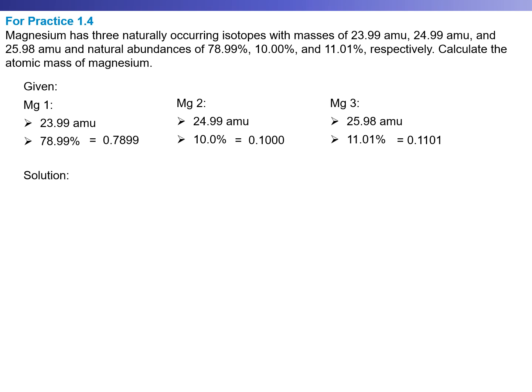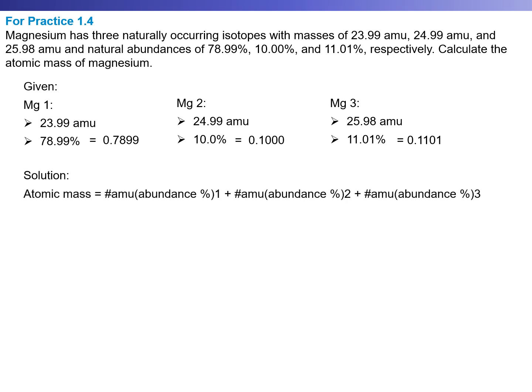So what does our solution look like with this? Well, in order to calculate the atomic mass, given the different isotopes and their natural abundances, what we have to do is take the atomic mass and multiply it by its natural abundance for each one of these different isotopes.